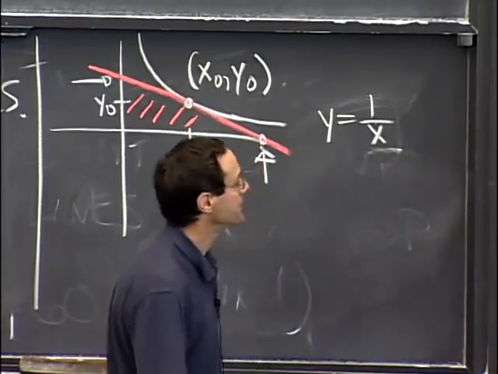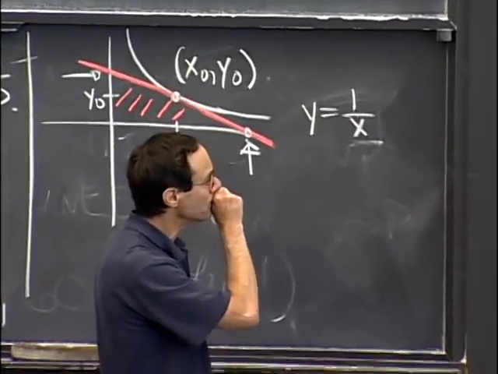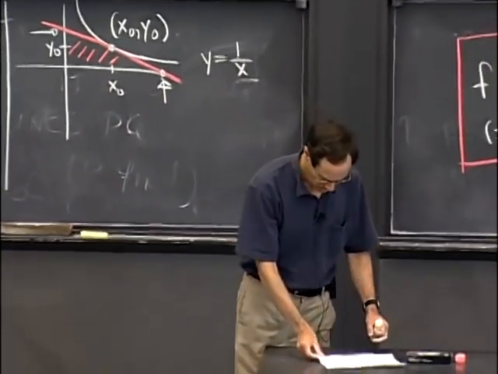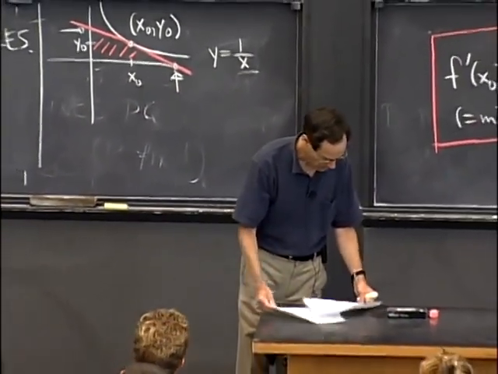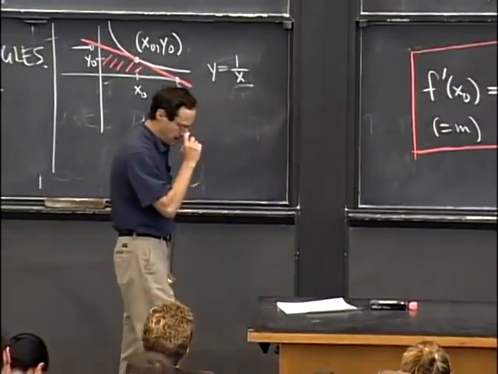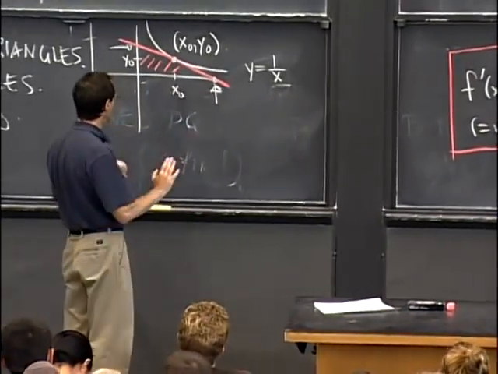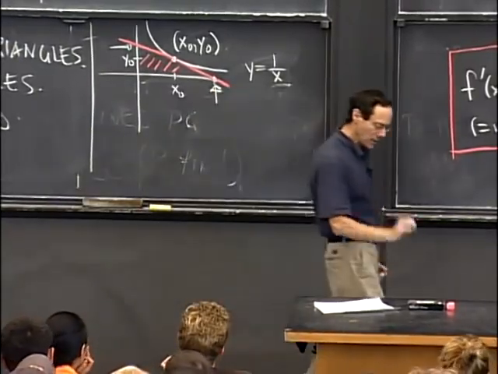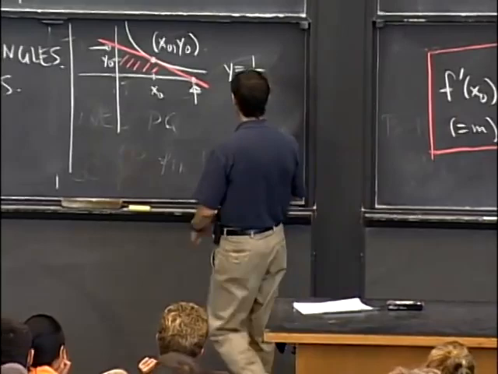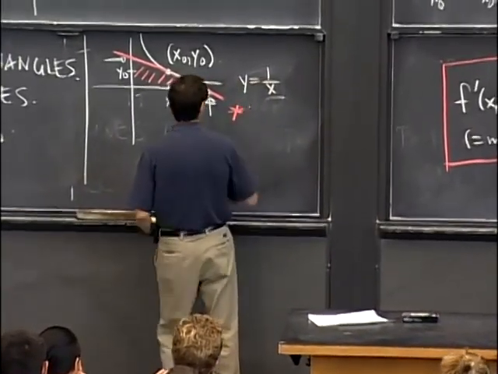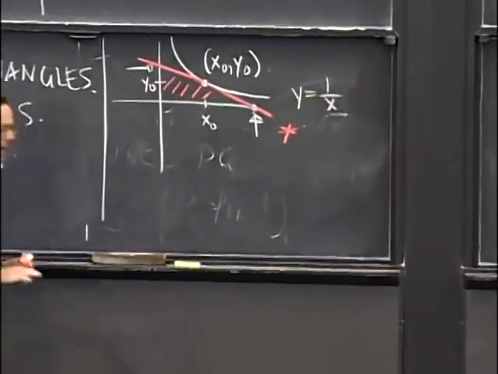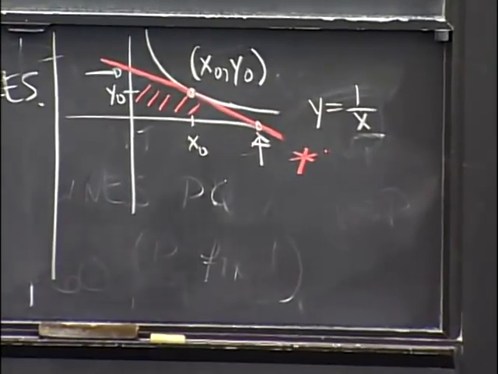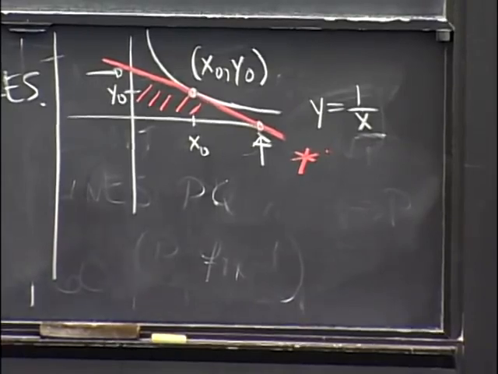So let's just take a look. So what is it that we need to do? I claim that there's only one calculus step, and I'm going to put a star here for this tangent line. I have to understand what the tangent line is. And once I figured out what the tangent line is, the rest of the problem is no longer calculus.